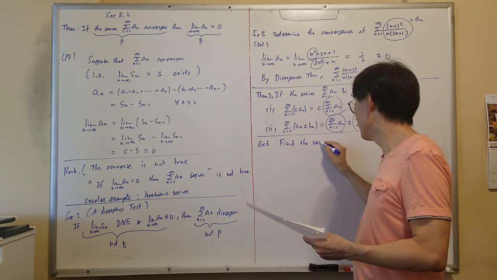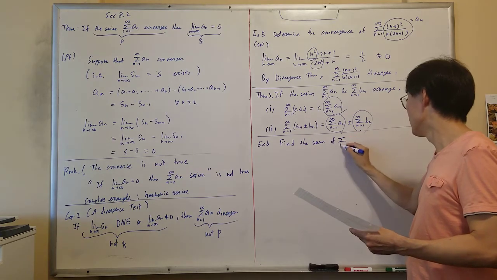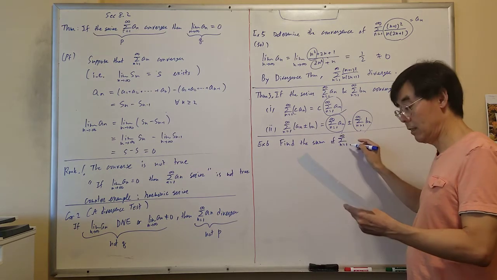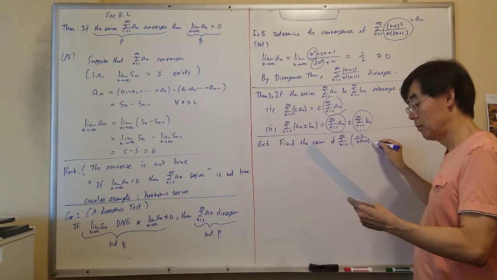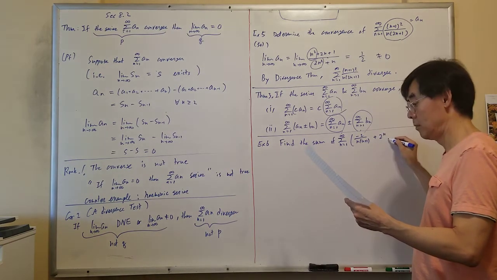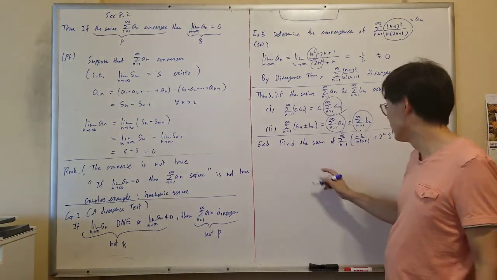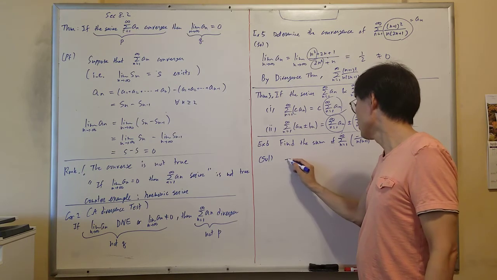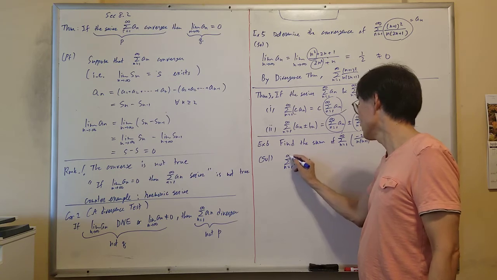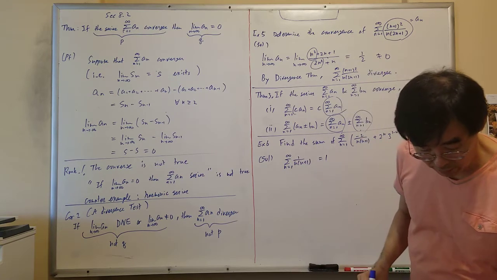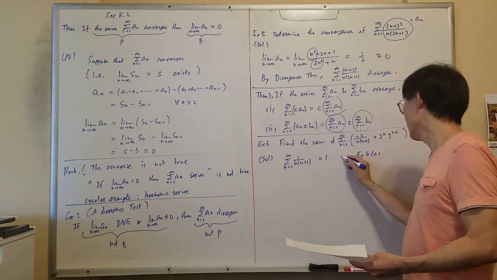Find the sum of the following series, n from 1 to infinity. First of all, we learned that this is a telescoping series, and that sum was 1 from example 4a at the beginning of today's lesson.